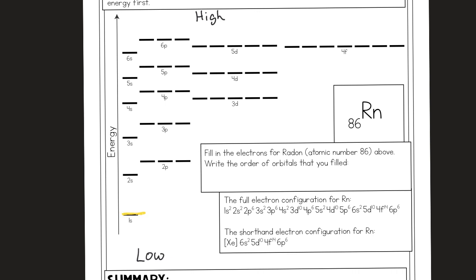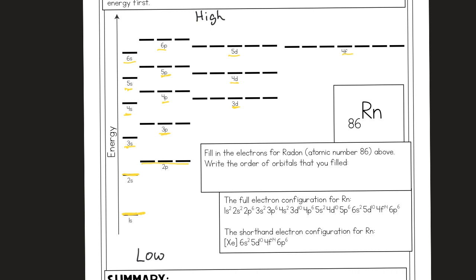So this is 1s, the lowest, then 2s. The 2p orbitals are going to be the next highest in energy, then 3s, then 3p, then 4s, then 3d, then 4p, and 5s. Jump back to 4d, 5p, 6s, 4f, 5d, and 6p. This is for the energy levels going from lowest to highest.